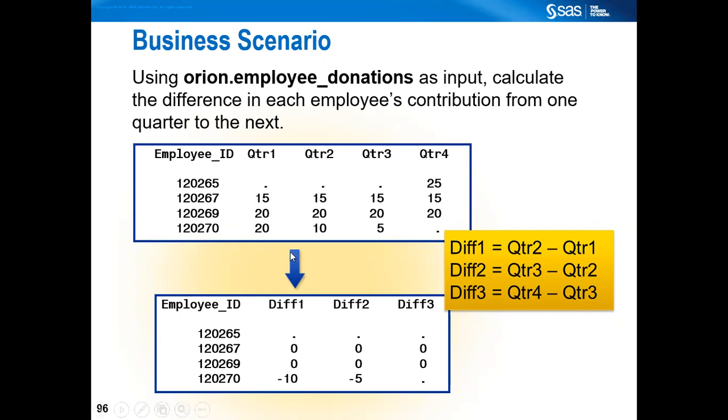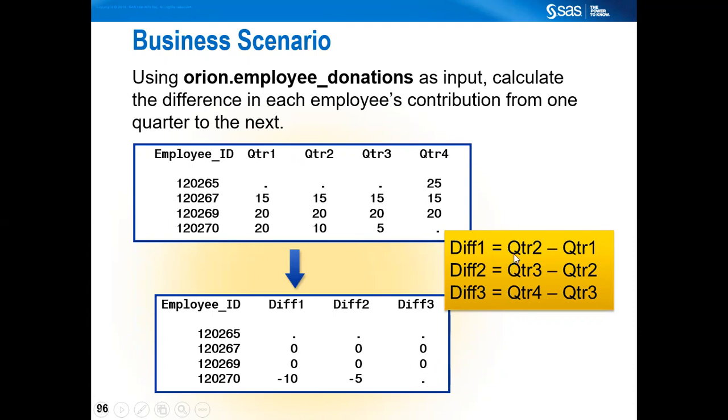What we have to do is find out the difference. Of course we'll get three differences and we are going to use quarter 2 minus quarter 1, quarter 3 minus quarter 2 and quarter 4 minus quarter 3. So you get the difference in each employee's contribution from one quarter to the next.